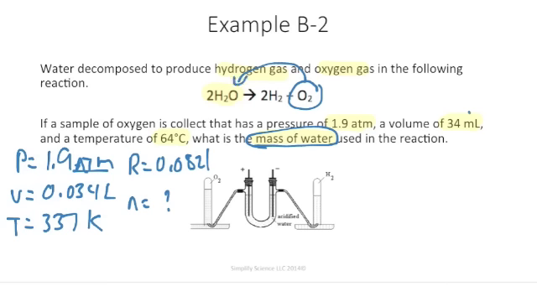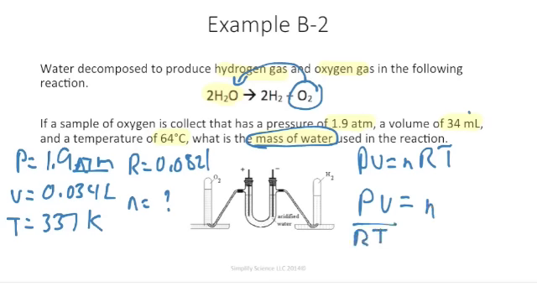So let's go ahead and start with our PV equals nRT. We have this right here, so we're solving for n, so we'll get PV, all divided by RT, equals n.